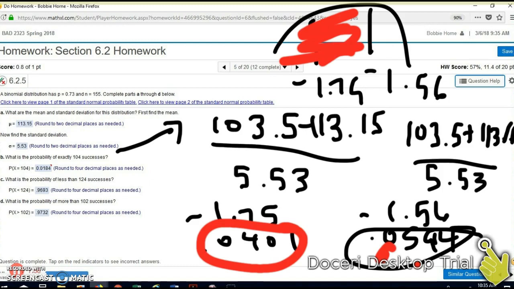Okay, that is negative 1.75. And then 103.5 plus 113.15. Okay, I'll have to go back to that one and check it, but go ahead and understand that you work it this way, and I'll have to go back and check for my error on that one.